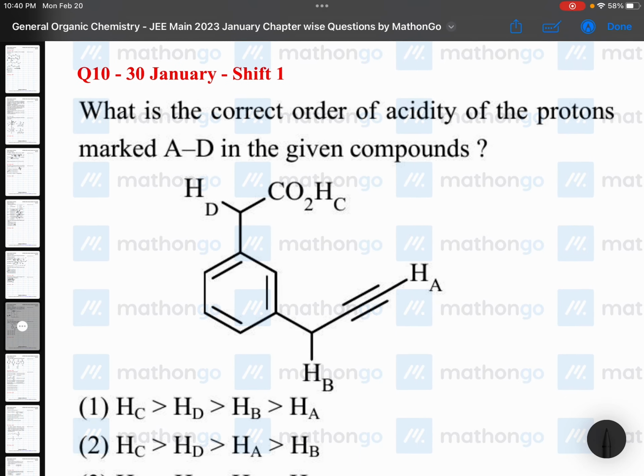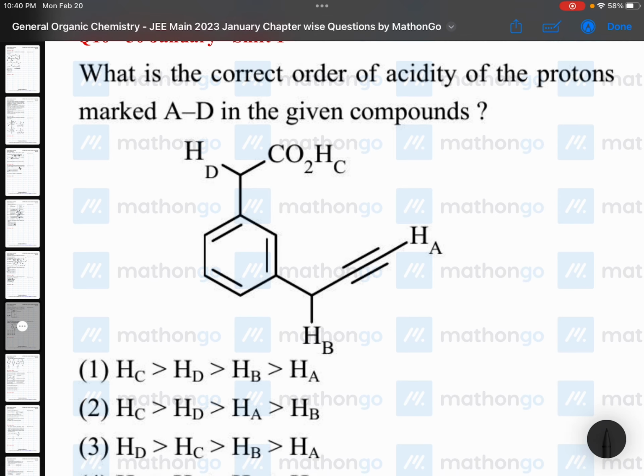What is the correct order of acidity of the following protons? Okay, now see, this is acid. Acid is always best. Okay, now, first priority. When this proton goes, here a negative charge will be formed. That negative charge is stabilized by the electron withdrawing group.